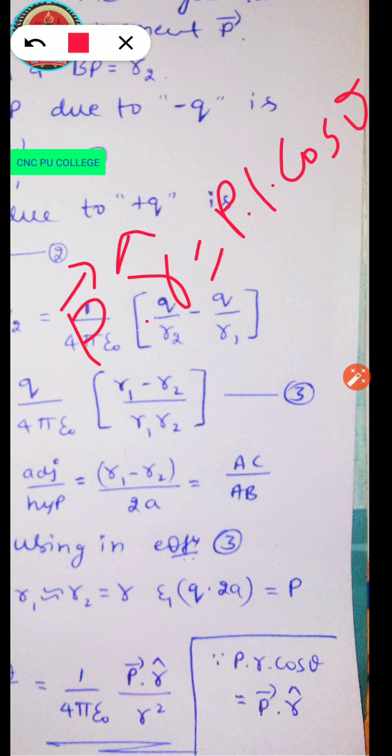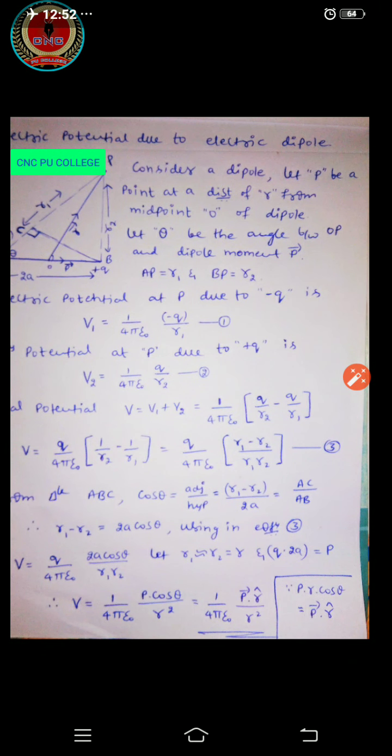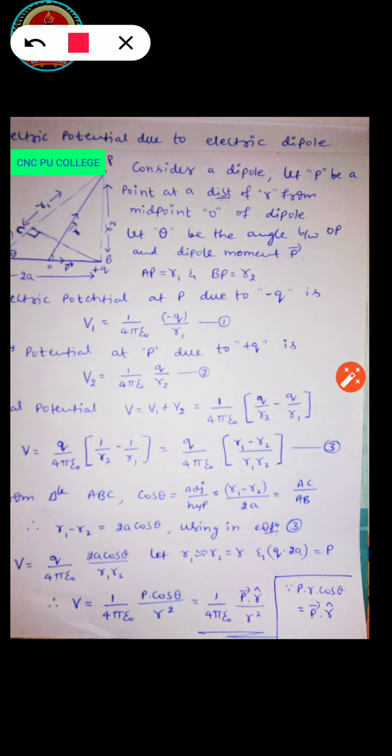Therefore p cos theta is vector p dot r cap.